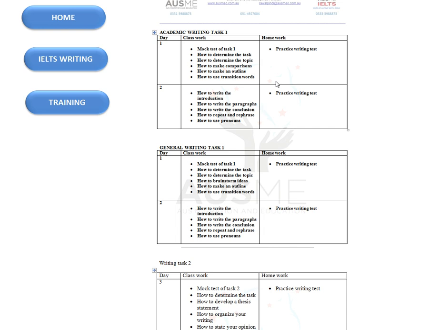So making comparisons is one key thing for writing task 1 for the academic IELTS. We'll teach you how to make comparisons to see where's the downfall, where's the major differences, and compare it within the graphics. And then we'll teach you how to make an outline. An outline is like a plan of your writing.